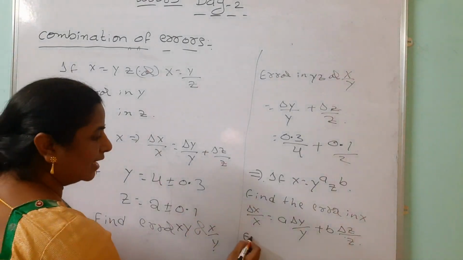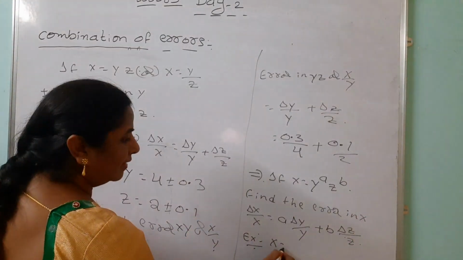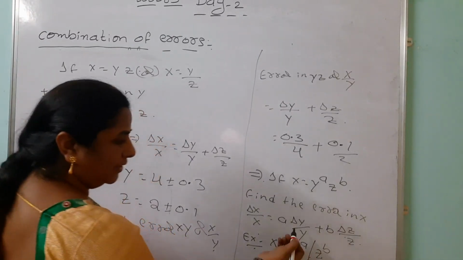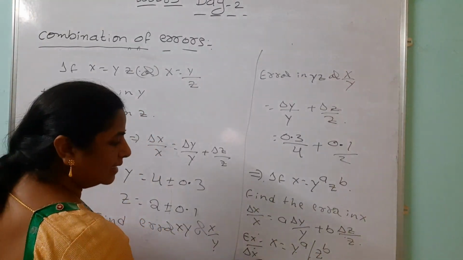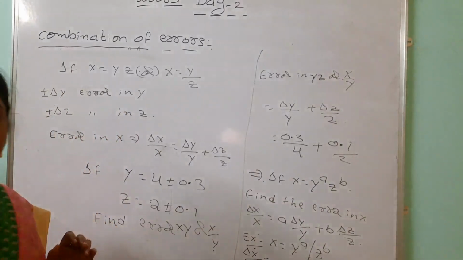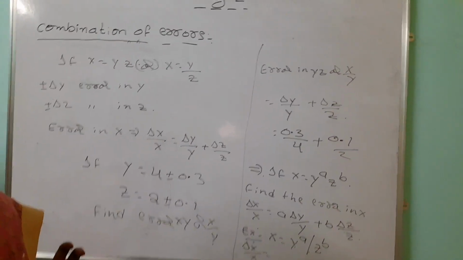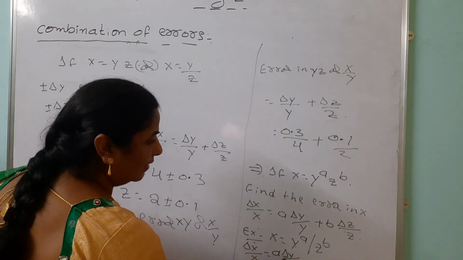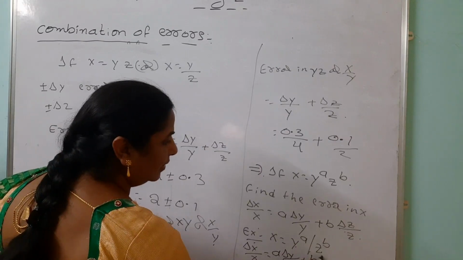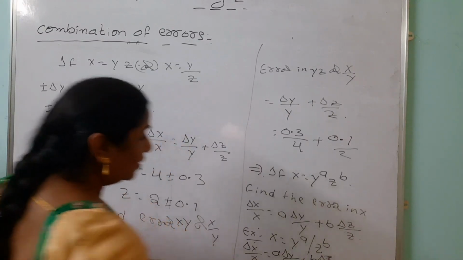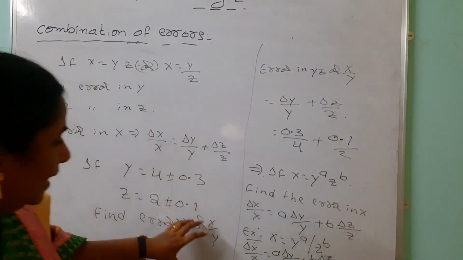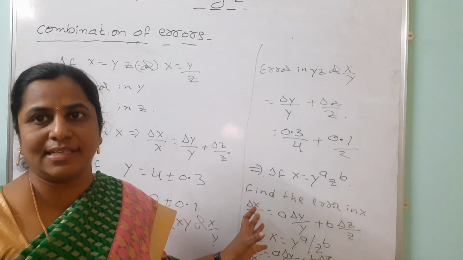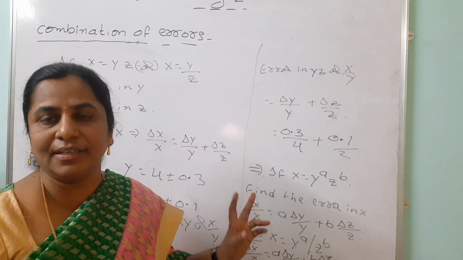One more example we are taking: x equals y power a by z power b. This is the division. Here also error in x, delta x by x, equals a into delta y by y, same you are getting, plus b into delta z by z. So this is the error in multiplication and division, same. If powers are there, we are getting powers as a multiple, then we can find out the error in this.